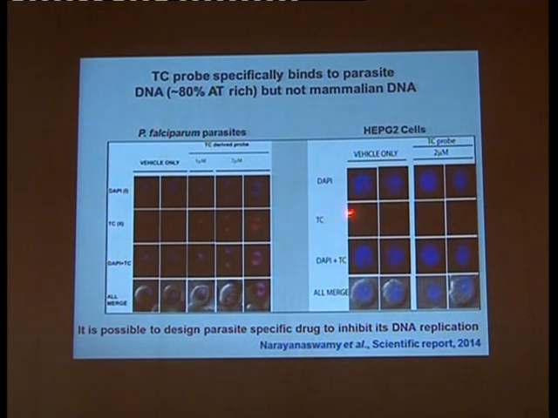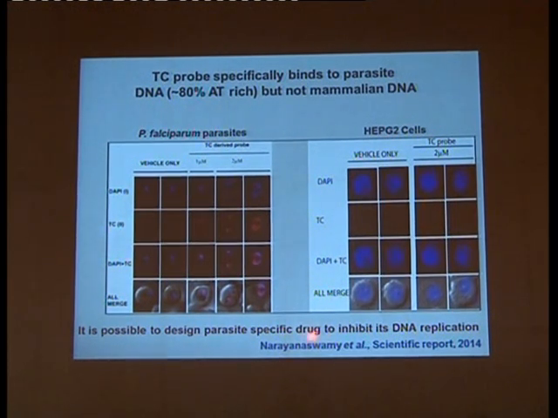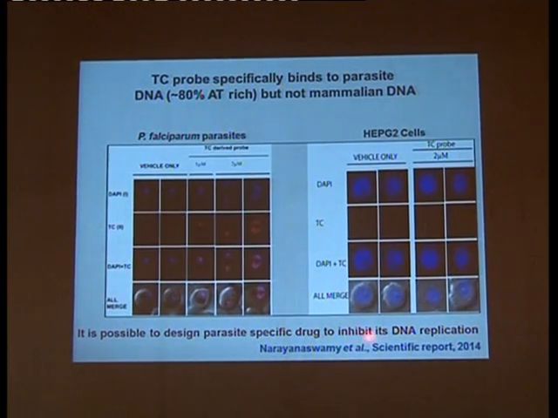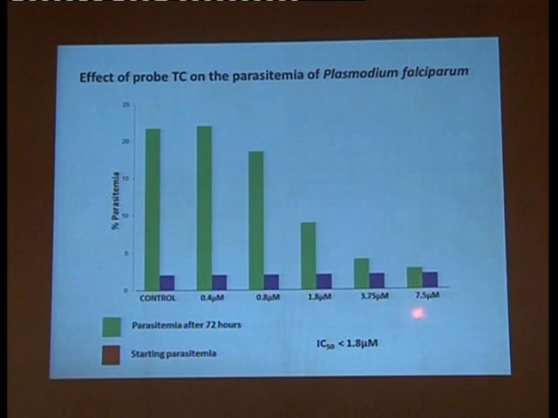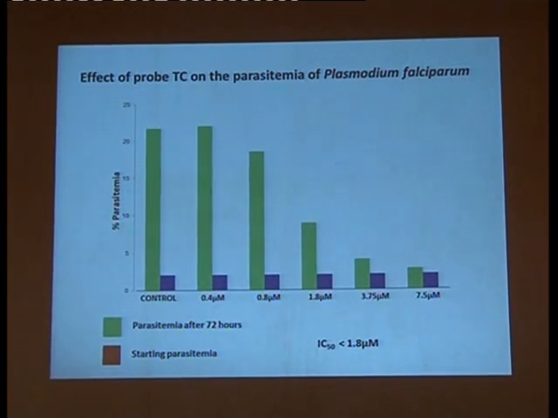At that concentration, there is no effect in mammalian cells, suggesting that it is possible to design a parasite-specific drug to inhibit its DNA replication. And this is the IC50 value, again in the very low micromolar range, and we believe there is potential to improve this molecule for better activity.